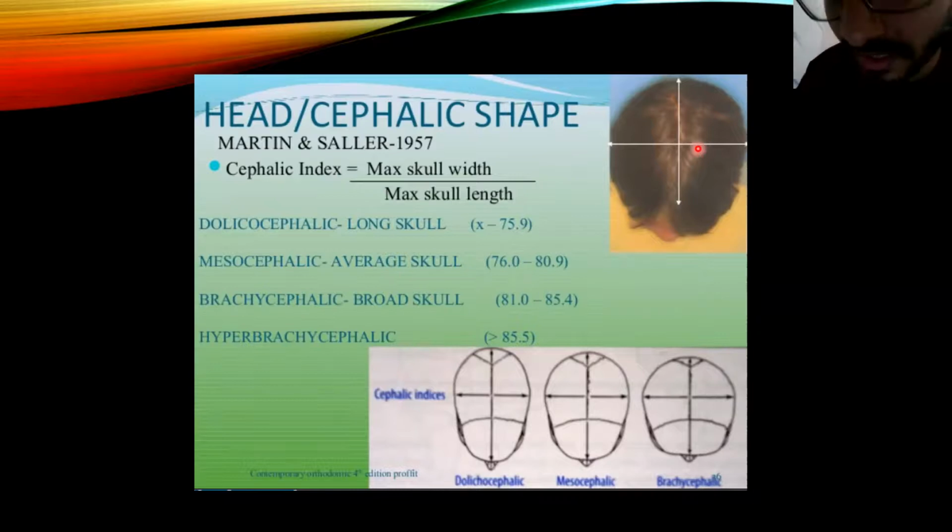Now imagine if the skull length is increasing, that will be your dolichocephalic skulls. All right. So if the length is increasing, if the denominator value is increasing, obviously the overall value will be less, right? Anything in the denominator, if the value is increasing, the overall value will be less. If anything on top, the numerator value, is increasing, your overall value will increase. So the skull length is increasing. This is inversely proportional.